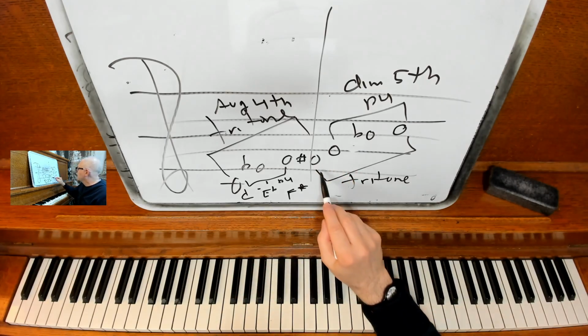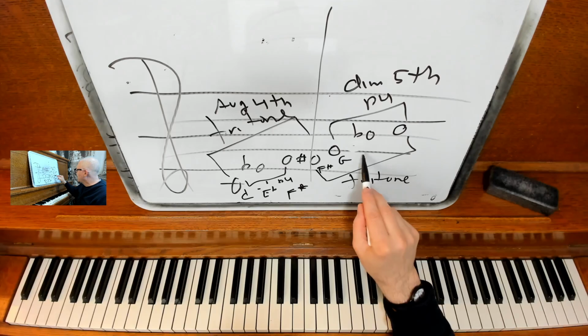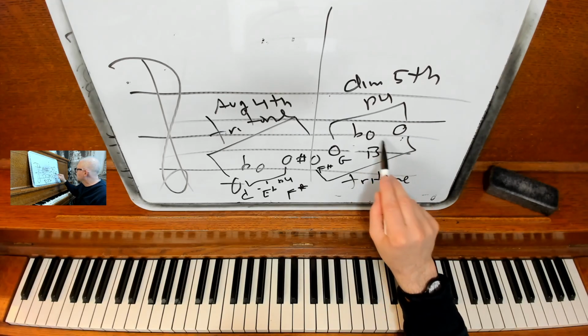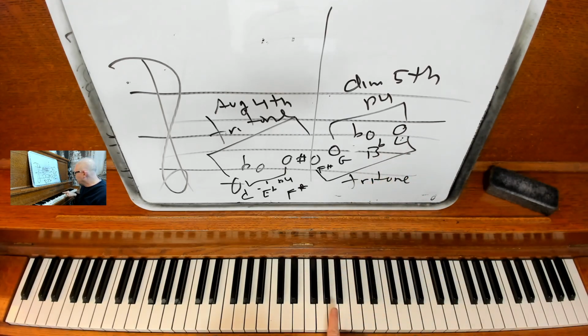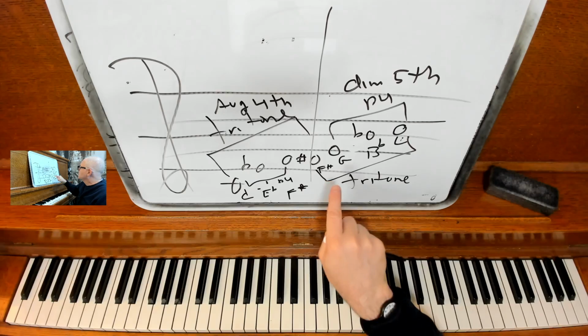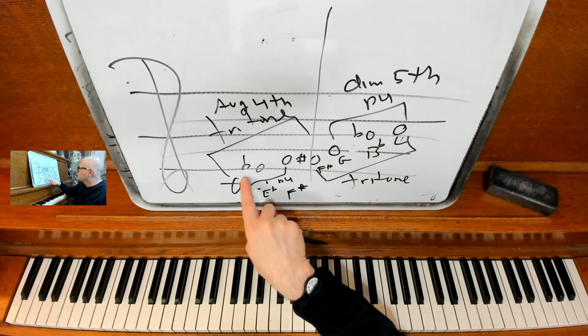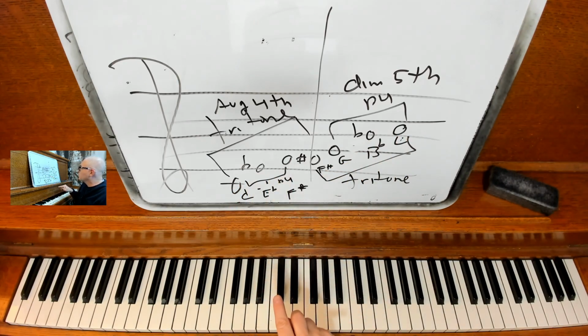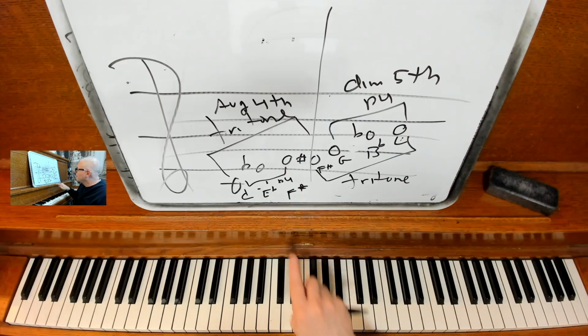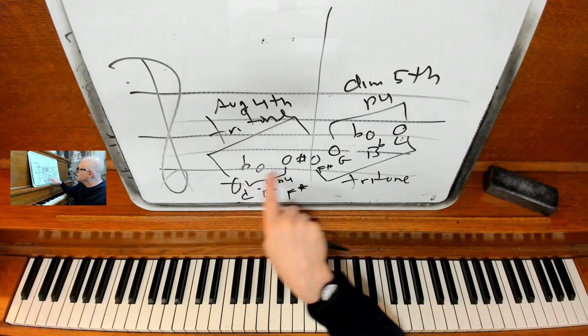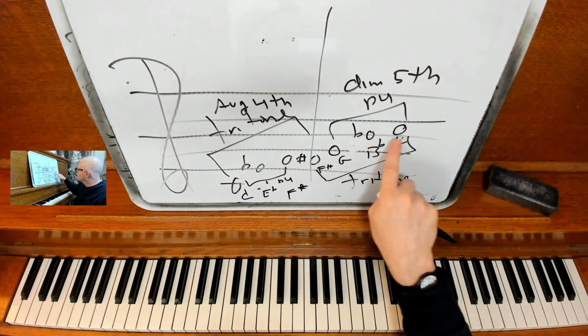Here, if you recite the alphabet, F sharp, G, A, B flat, C, doesn't matter, F, G, A, B, C, that's five. That's a fifth, okay? Space, line, space, line, space, that's a fifth, as opposed to line, space, that's a fourth. And that's why they would get the different names. This is a C, this is an F. This is an F, this is a C, all right?